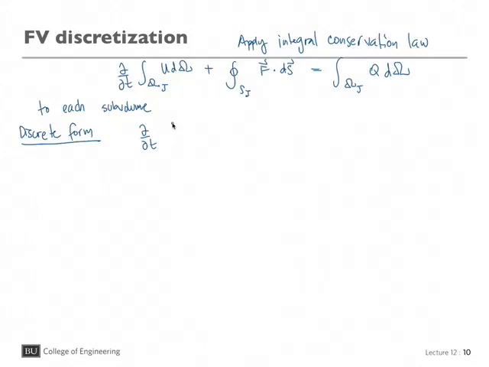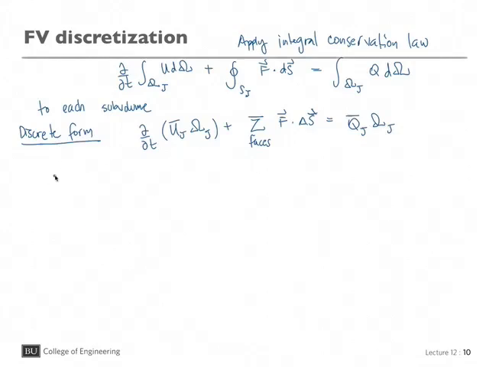These volumes are small, so I can use some sort of average quantity, u bar j, multiplied by the volume of j, plus the sum over all the faces of the volume j, F times delta surface, is equal to some sort of average again of the sources multiplied by the volume of the small volume j.